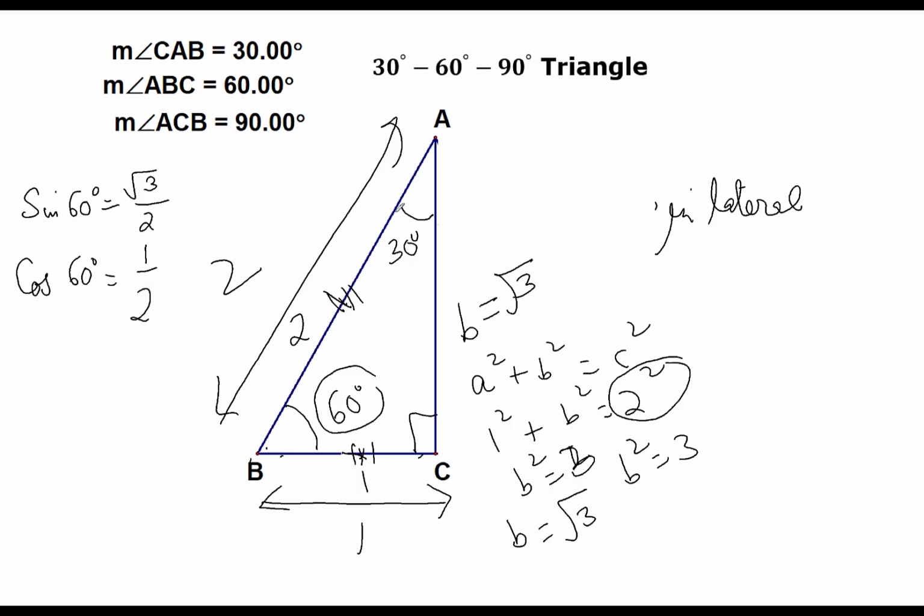Or if I go to this angle right here, sine of 30 degrees is 1/2, which is the same as the cosine of 60 degrees. And if you look at cosine of 30 degrees, then the adjacent is the square root of 3, so that becomes the square root of 3 over 2.